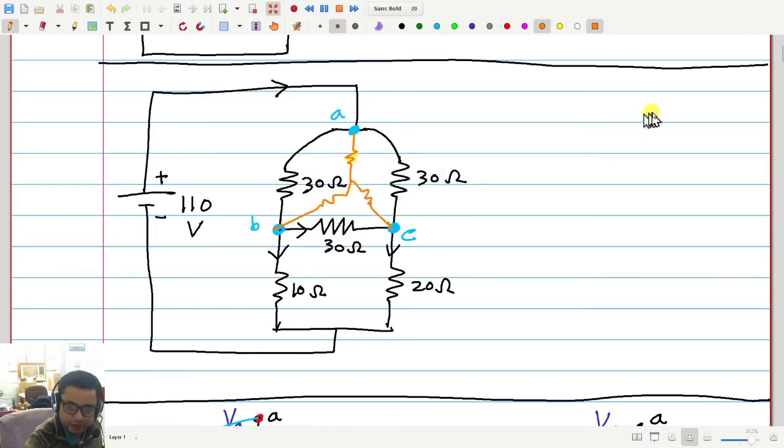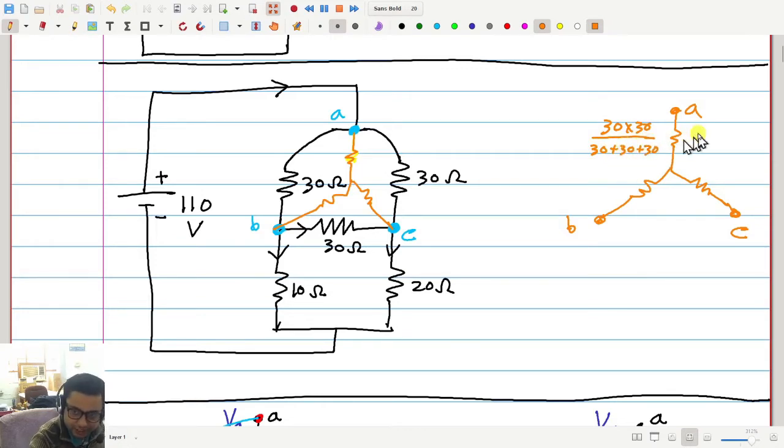So let me redraw freshly. This will be A, this will be B, this will be C. Now, what will be the value of this resistance? That will be 30 into 30 divided by 30 plus 30 plus 30, which will be 10.